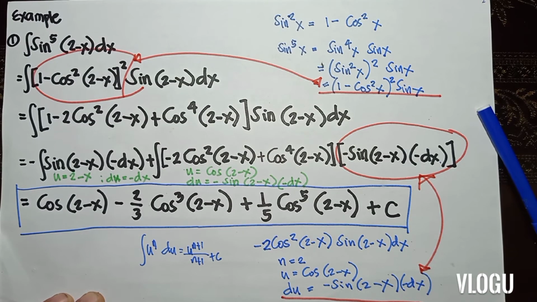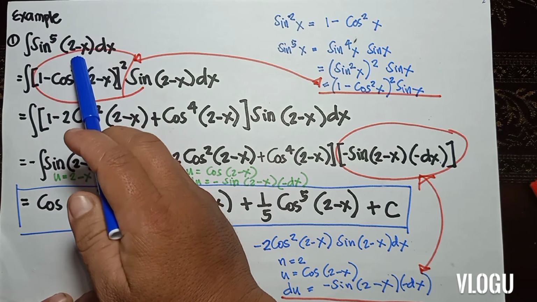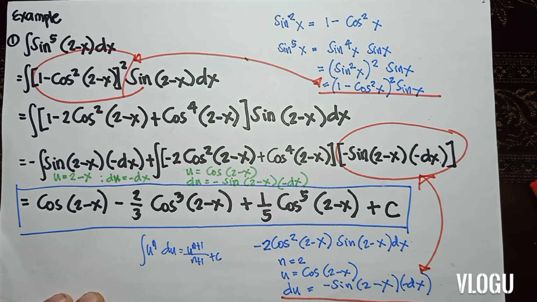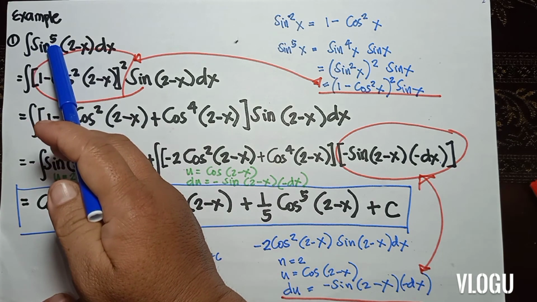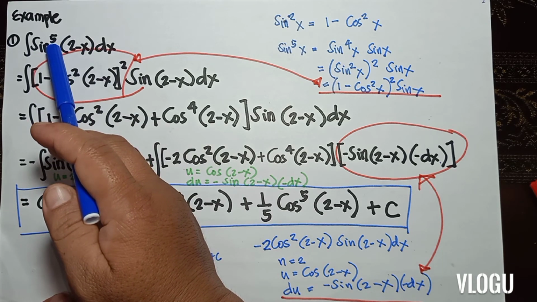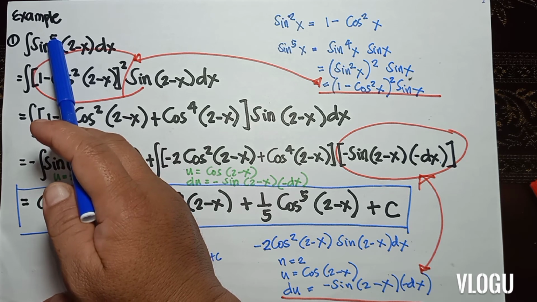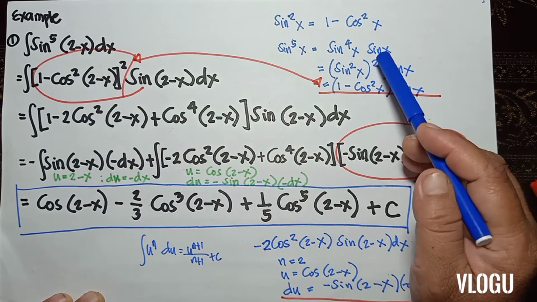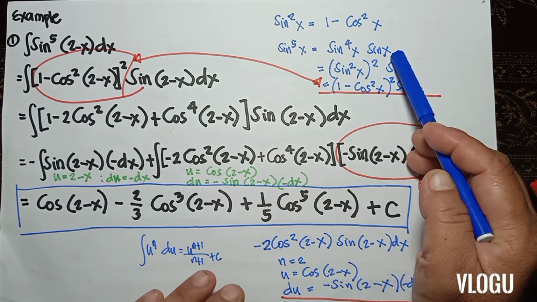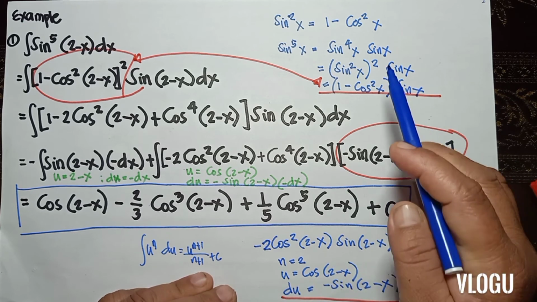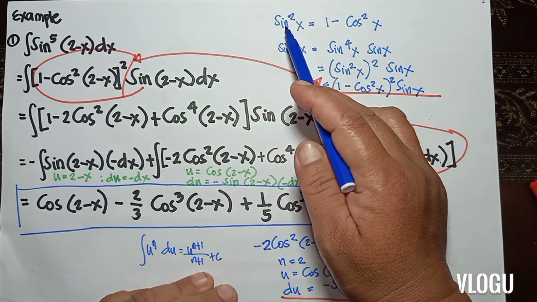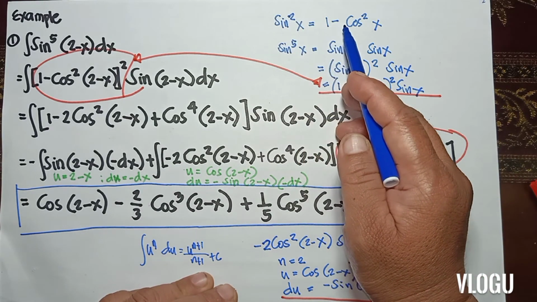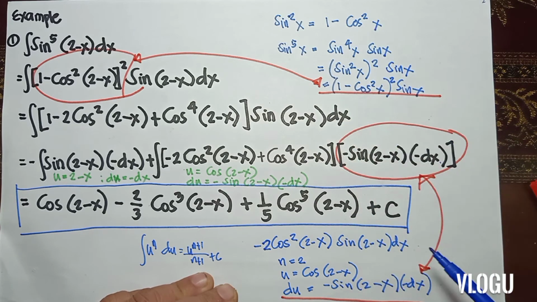Okay, the first example: the integral of sine to the fifth of (2 minus x) dx. If you look at the exponent of the given, that is 5, an odd exponent. If you have an odd exponent, you factor out sine x and use sine squared x equal to 1 minus cosine squared x.